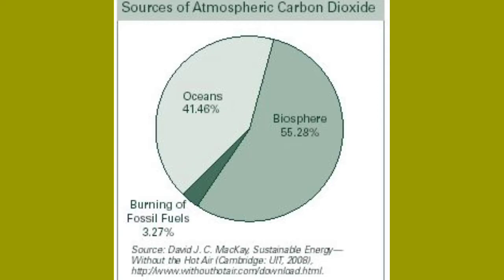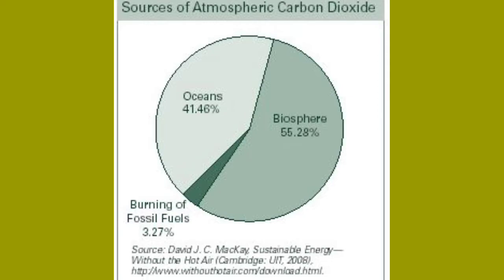It's like if you crack a can open, you'll get that effect. This is what that is. The biosphere, obviously, cows farting and so on, and all manner of natural processes that release carbon dioxide as well.